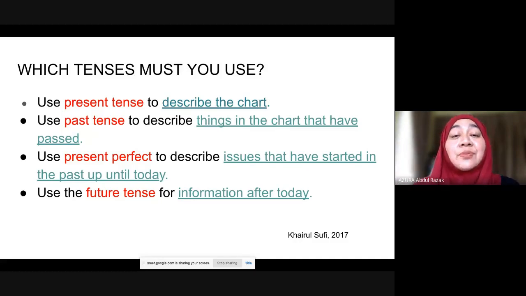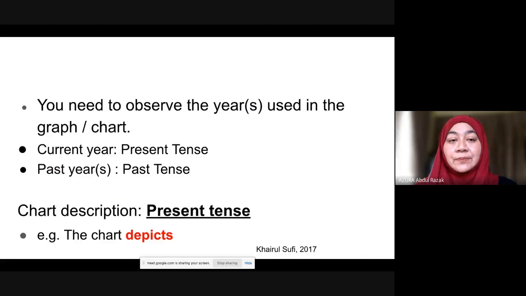And then you use the present perfect to describe issues that have started in the past but are still continuing until today. And you use the future tense for information after today. Say that you have to have a prediction, this is when you use the future tense, right?